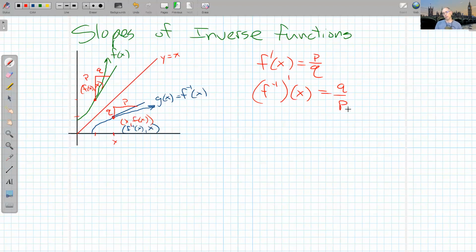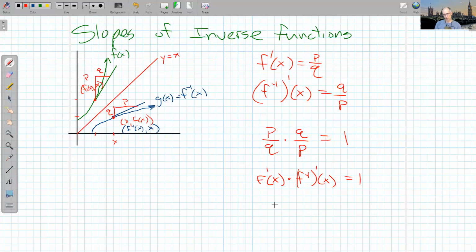Cool thing about multiplying reciprocals: if you multiply p over q times its reciprocal, q over p, you always get 1. So what that means for us is if we take f prime of x and multiply that by f inverse prime of x, we always get 1.